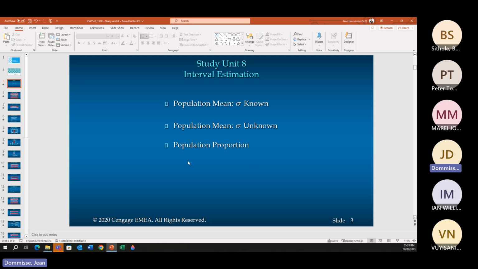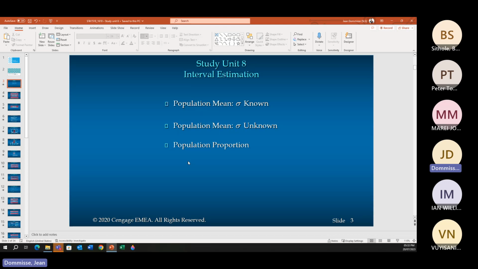The first one we will look at is your population mean when your standard deviation is known. That you will work out with Z values and things like that. Then the second one is when your population mean is unknown.